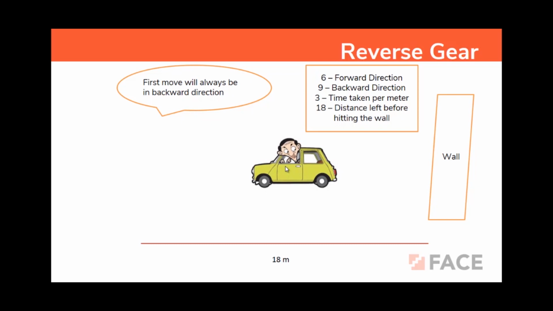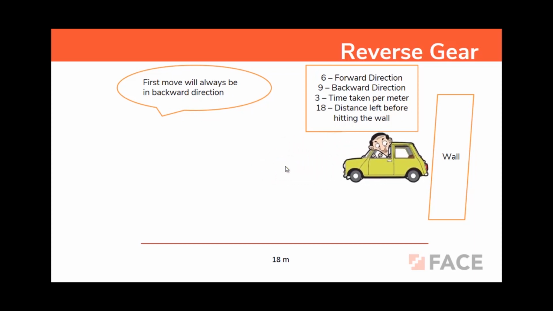But for the fourth time, when his current position is at 9, if he moves backward 9 more meters, he is already parked. So he need not come forward again. With this, my program should also stop. So the first 3 iterations happened between forward and backward, and for the fourth iteration, he directly got parked and need not come forward again.